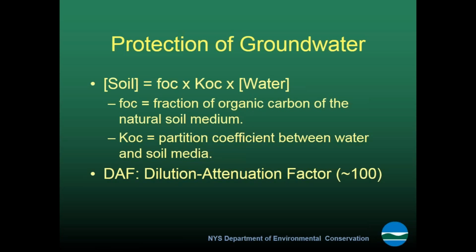So the more organic carbon, the less groundwater contamination you'll have for a certain amount of these organic chemicals. And then each one of these organic chemicals has a particular partitioning coefficient, its tendency to dissolve into the water. And those are numbers that you can look up in any number of references.